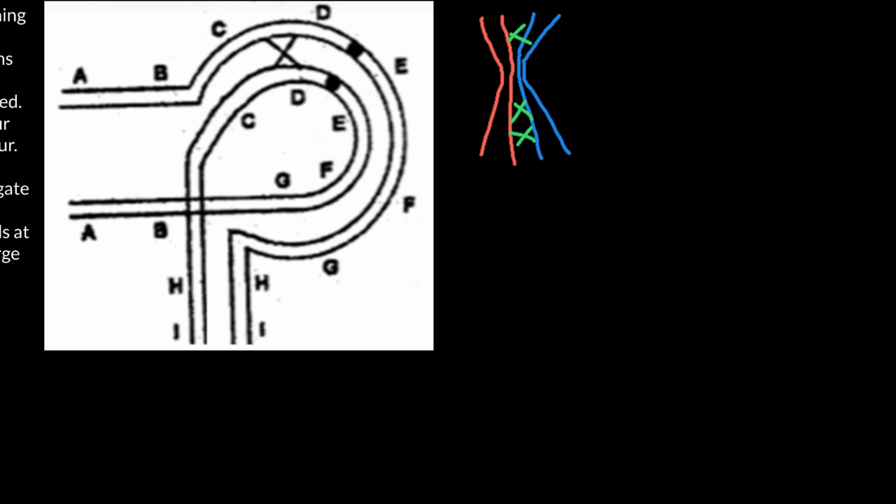And the other two chromatids don't participate in crossing over. So the end result would be one parental chromosome intact, the other parental chromosome intact, and also one chromosome that is a result of recombination, and another chromosome that is also a result of the crossing over.